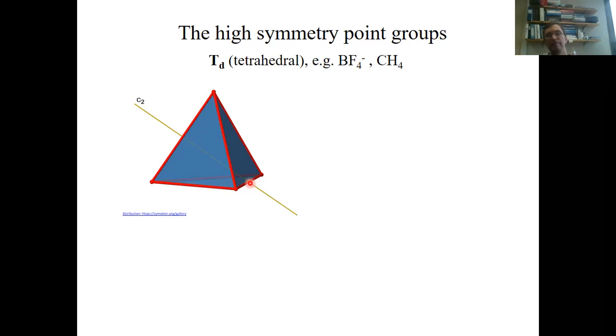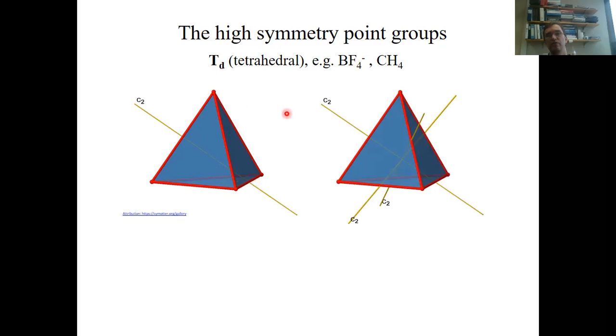How many edges does a tetrahedron have? Well, it has 1, 2, 3, 4, 5, 6 edges. So 6 over 2 gives 3. Therefore we have 1, 2, 3 C2 axes.